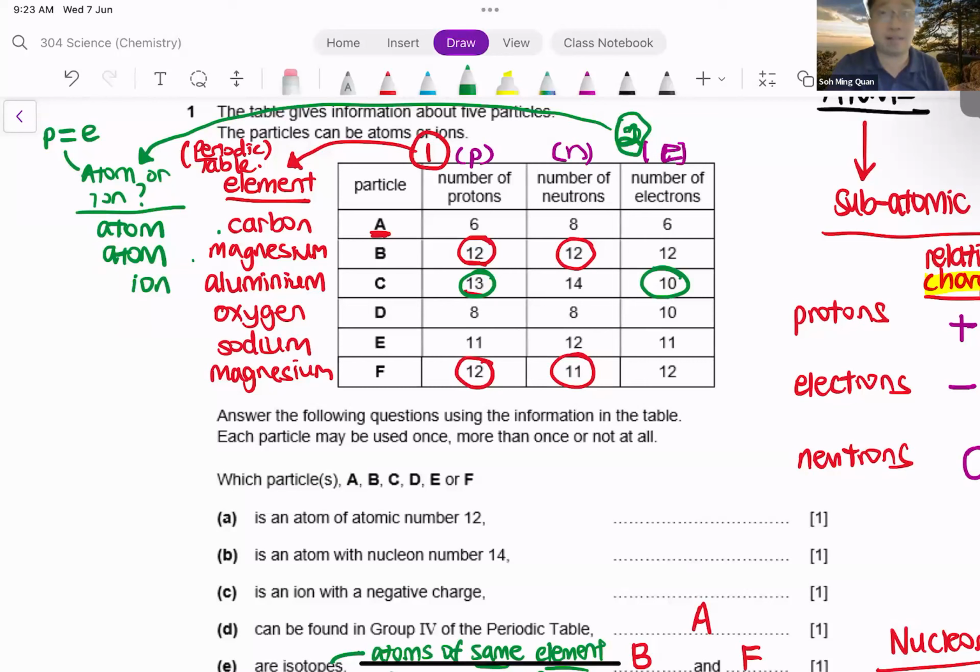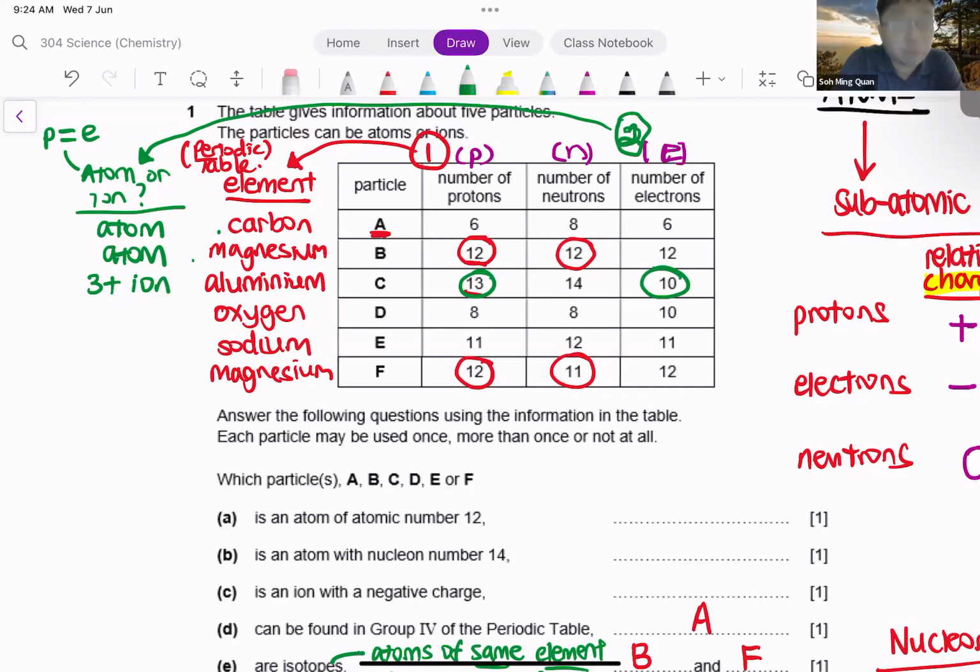How many fewer? In this case, 3 fewer. It has 10 electrons only as compared to 13 protons. So it's a 3 plus ion. So this is the aluminium ion with a 3 plus charge. Why 3 plus? Because it has 3 fewer electrons than protons.